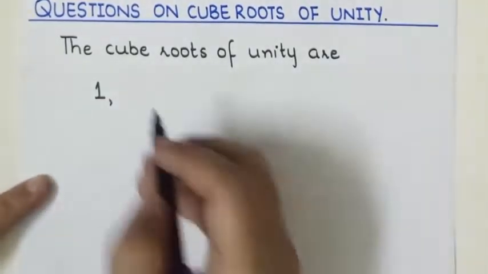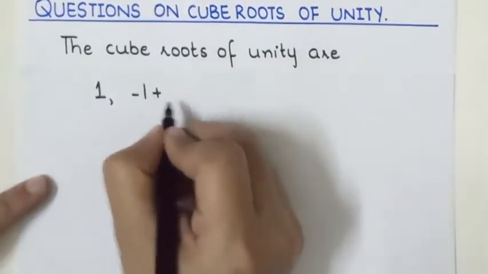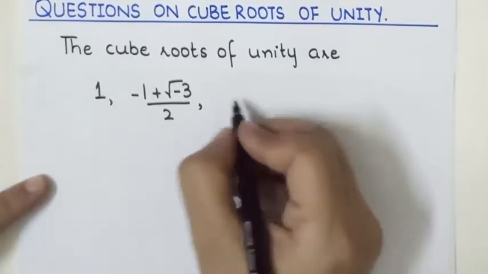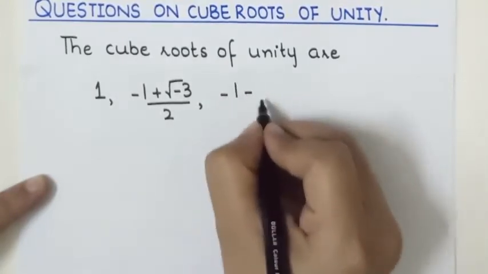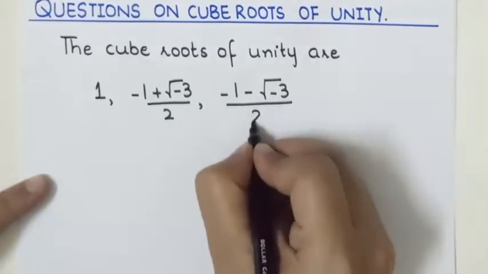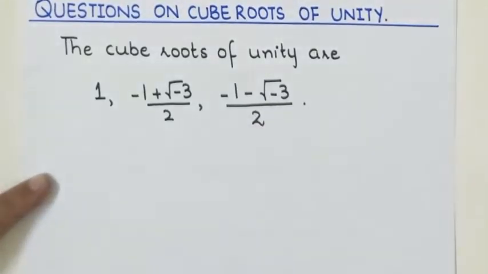next one we have is (-1 + √-3)/2. Next we have (-1 - √-3)/2.